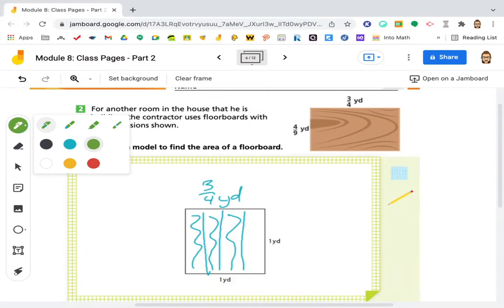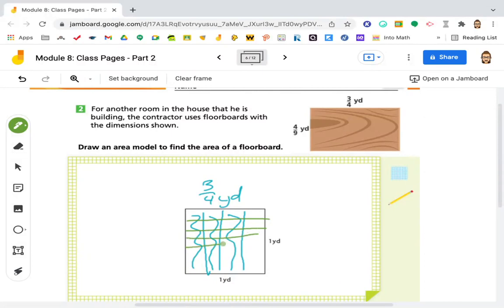And then we're going to split into ninths and we're going to use 4 of them.